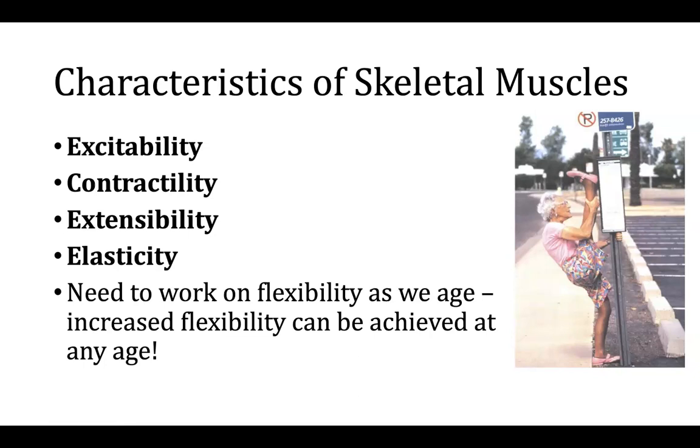Think about contracting your arm, bringing your hand towards your shoulder and flexing, contracting that muscle. Then there's extensibility, doing the opposite, lengthening your arm to extend those muscles, which is the ability of the muscles to be stretched. And then elasticity, which is the ability of a muscle to recoil or bounce back to its original length after being stretched. Again, some amazing things that our body can do.